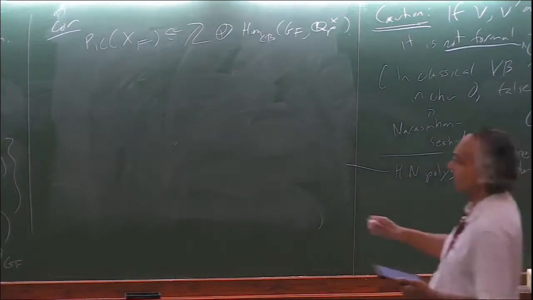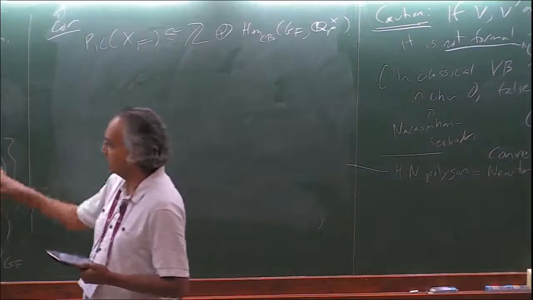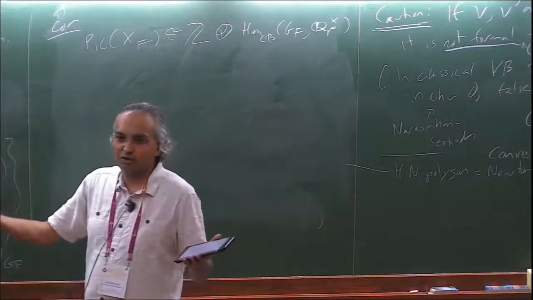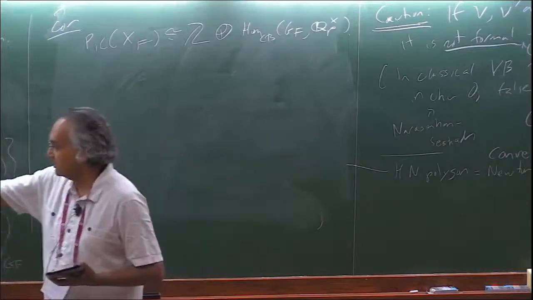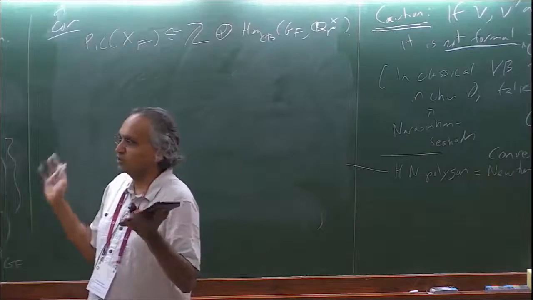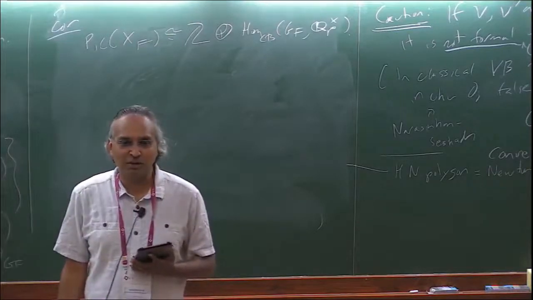Okay, right, so I mentioned this is analogous to the theorem of Narasimhan-Seshadri. That theorem says if you have a compact Riemann surface and you look at stable vector bundles of degree 0, those correspond to irreducible unitary representations of the fundamental group.